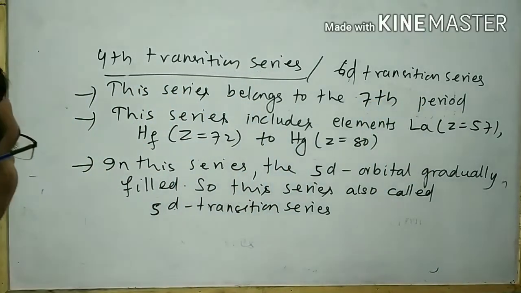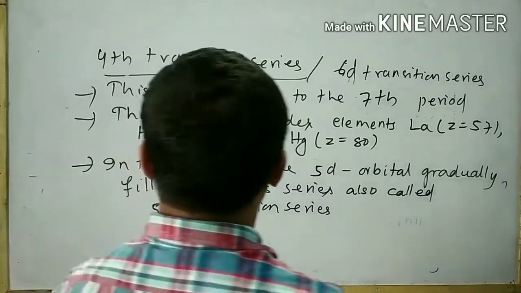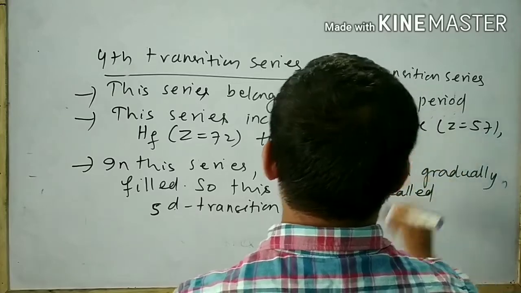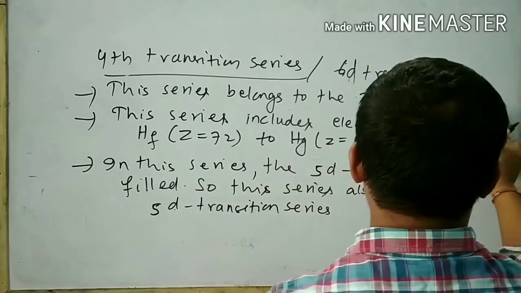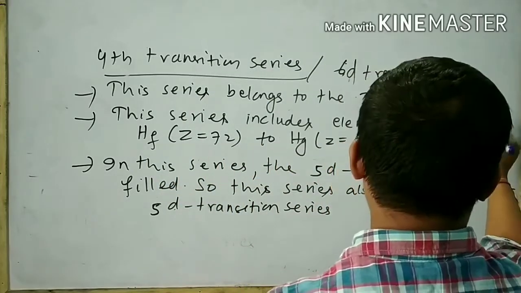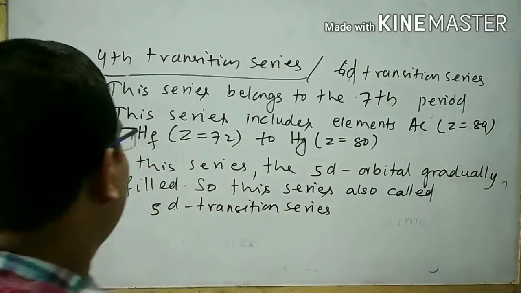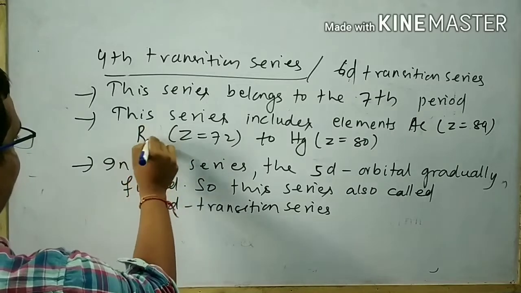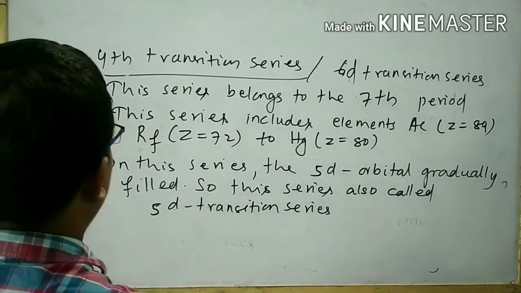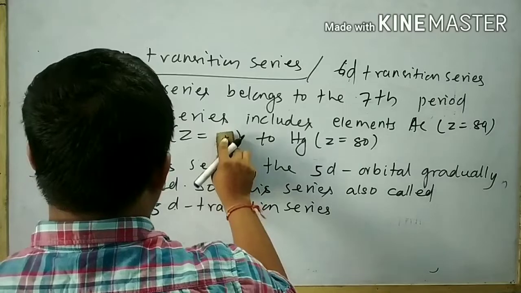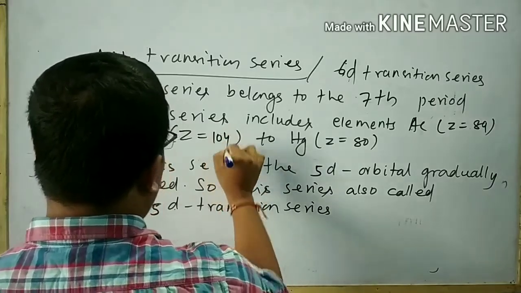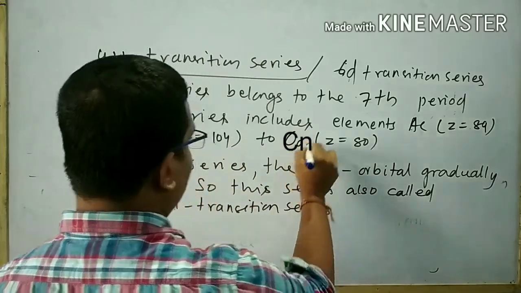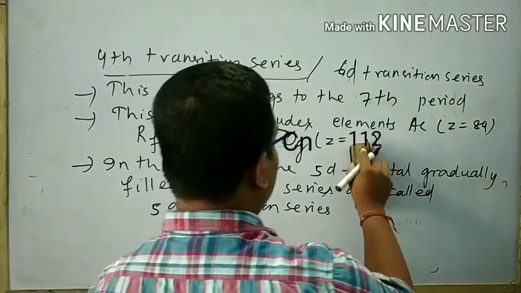This series includes actinium Ac, having atomic number 89, then the elements from rutherfordium Rf having atomic number 104 to Cn having atomic number 112.